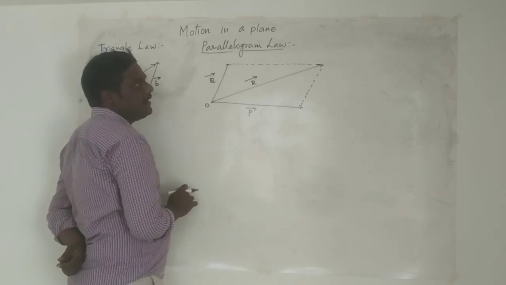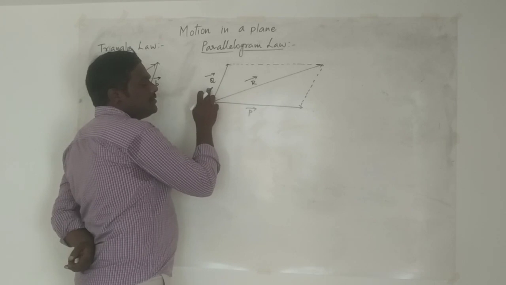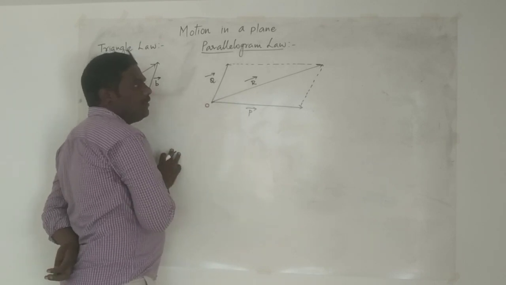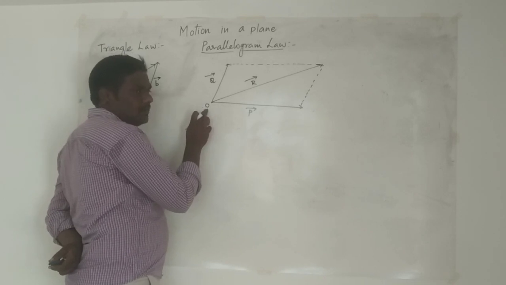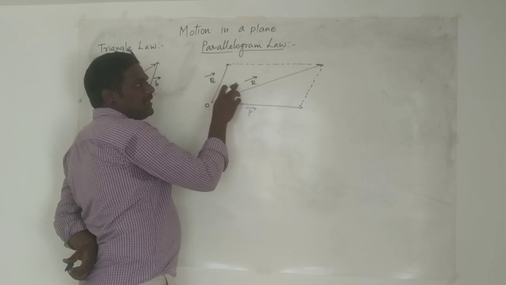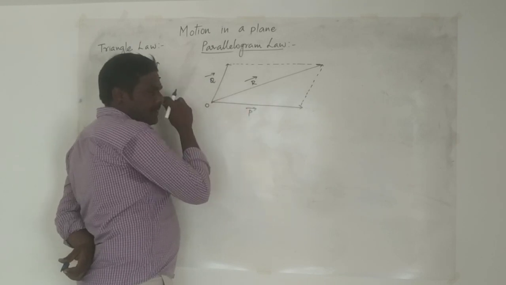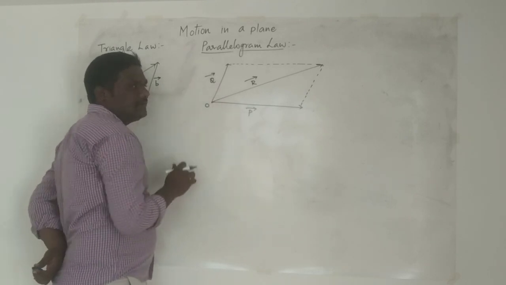I repeat the statement. If two vectors are taken as two adjacent sides of a parallelogram drawn from a point, the point is O, and the resultant of these two vectors, which is resultant R bar, can be represented using the diagonal drawn from the same point.